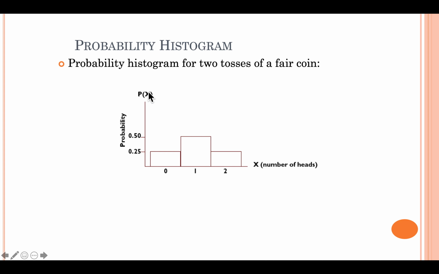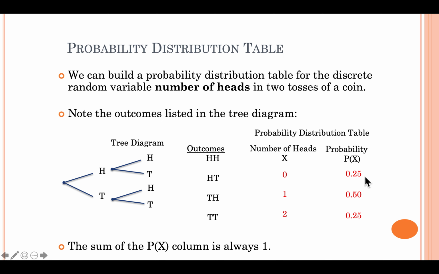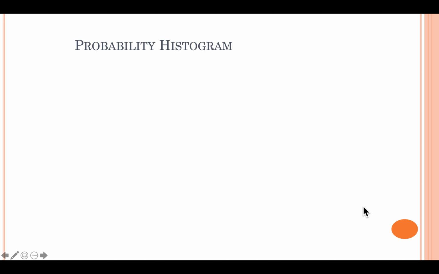The vertical axis is P of X, that's the probability. And there are 2 basic probabilities in our table, 0.25 and 0.5.